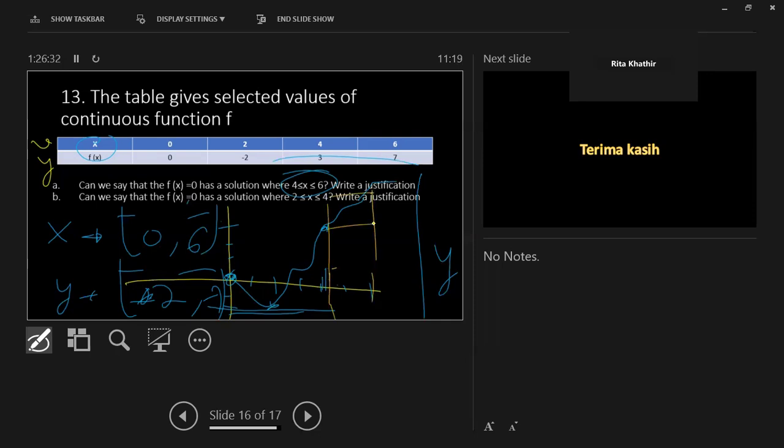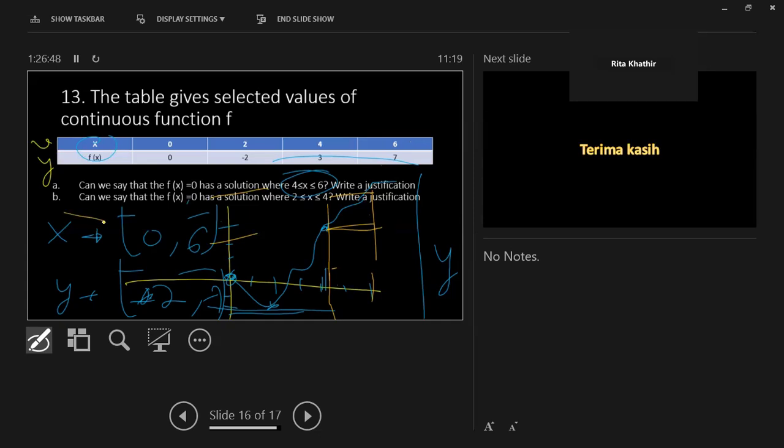Is there 0 on the line? No. Because if you have 4 and 6, the value of y should be between 3 and 7.